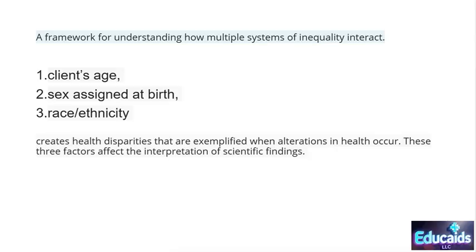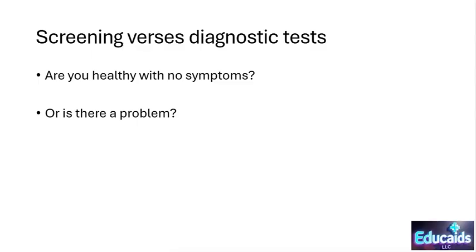Intersectionality. A framework for understanding how multiple systems of inequality interact. So like a client's age, sex assigned at birth, race, ethnicity. This creates health disparities that are exemplified when alterations occur. These three factors affect the interpretation of scientific findings.